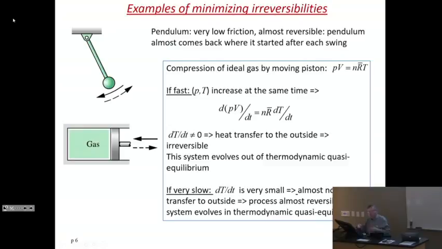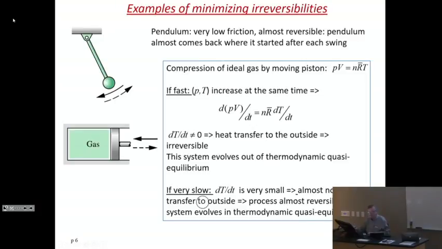So now to revisit this quasi-equilibrium we defined when we looked only at work, we have to state here that what we do is push on this gas very slowly. If you push very slowly, this time derivative is small. Therefore, the time derivative of T is small. So dT/dt, the temperature derivative in time, is small, which means that the heat exchange to the outside is small.